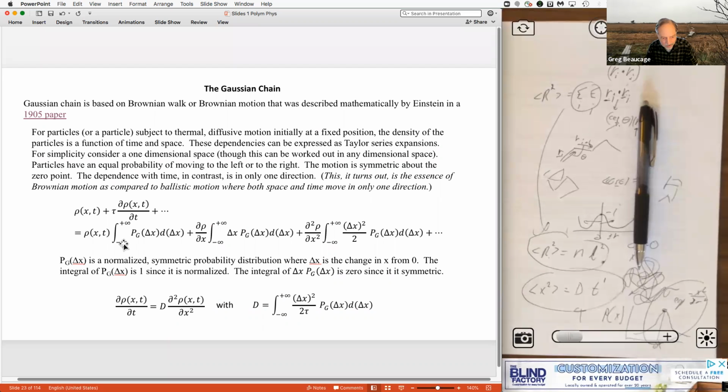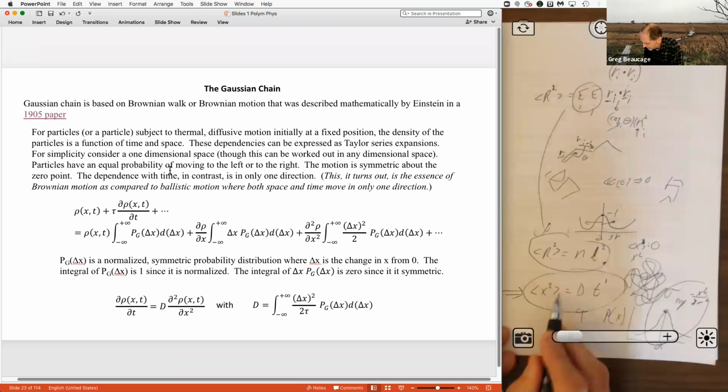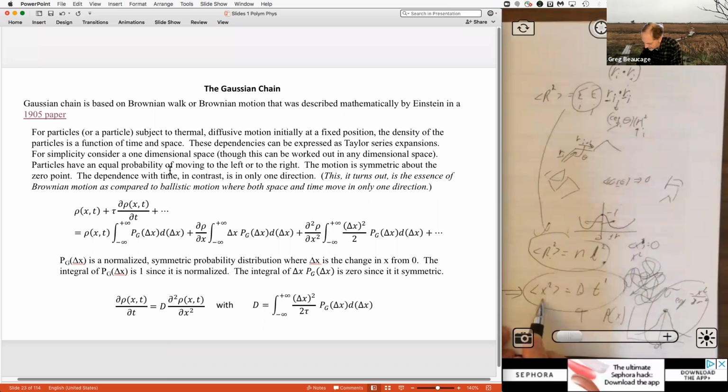This paper comes up with two things. It defines the diffusion coefficient for Brownian motion. Brownian motion was observed in the 1800s by a guy named Brown who observed pollen dust particles moving around, and it was never explained why the distance traveled squared went with the time. So this Einstein paper in 1905 was the first thing to describe that.